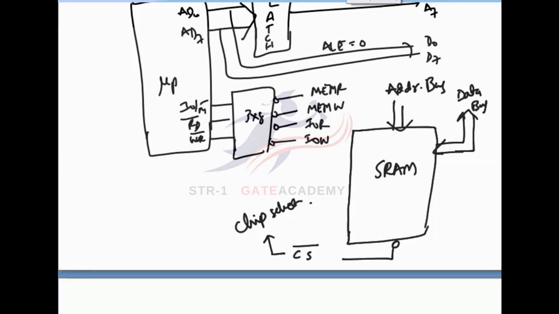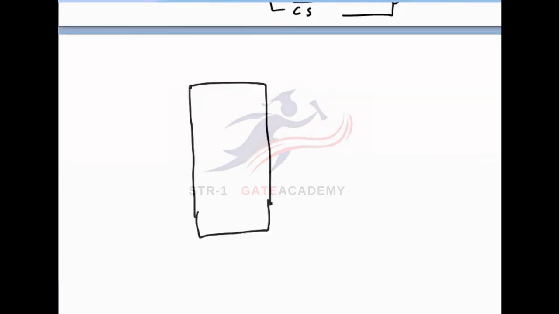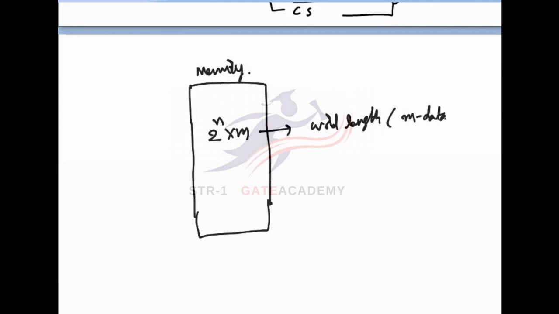Now I am taking a separate diagram. Here I am taking one memory. This memory's standard representation is 2 power n by m. In this, m explains the word length. It depends on the data bus.